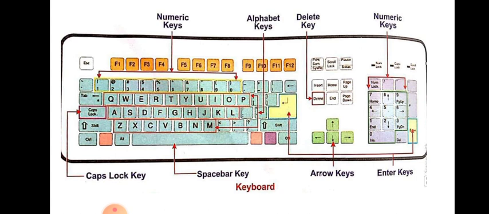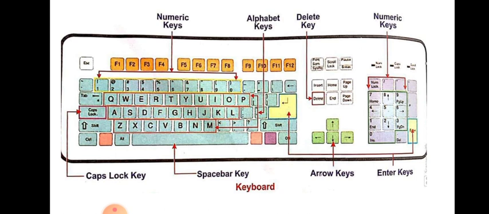And the delete key, there are 2 delete keys, and the delete key erases the letters to the right side of the cursor. You can see the delete key labeled on the screen below the insert button.